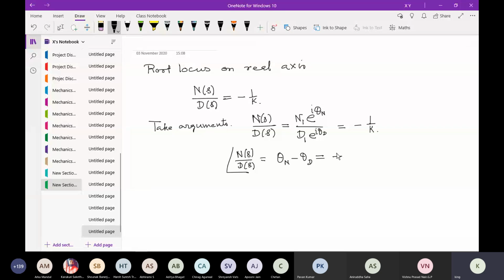And what are we going to have out here? Because there is a -1.